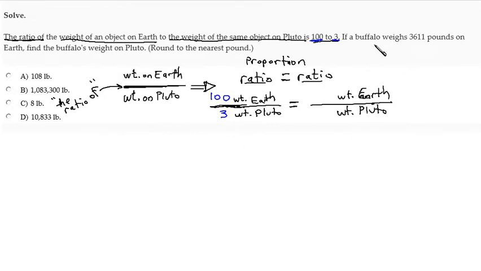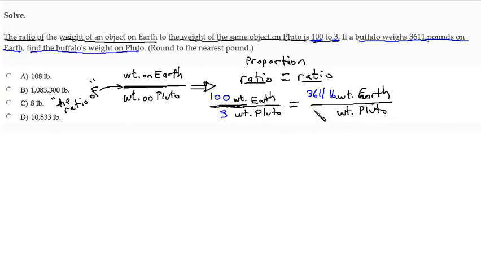Now, they're telling us that a buffalo weighs 3,611 pounds on Earth. So they're getting specific about a specific object. Find the buffalo's weight on Pluto.